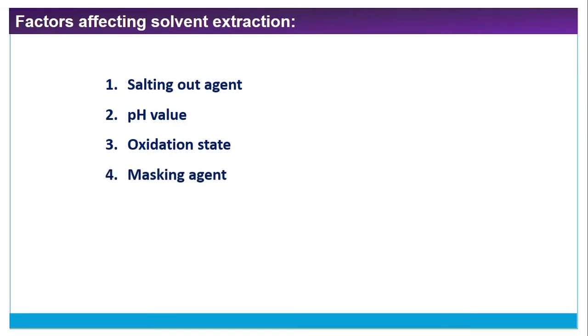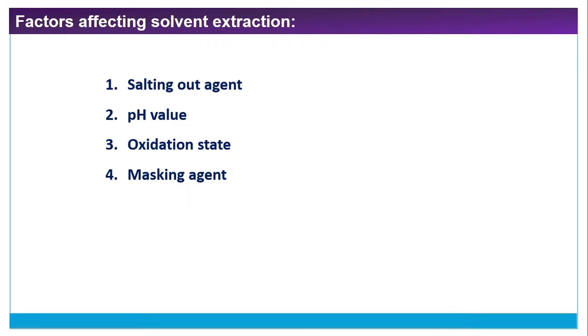The fourth factor is the masking agent. Masking agent means to mask the ions by using some chemicals. So masking agents are metal complexing agents like chelating agents, which prevent a particular metal from taking part in the chemical reaction. That is called protection of the metal, and hence stopping its interference.